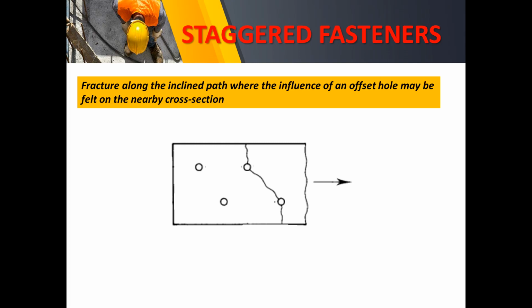There will be a developed fracture connecting the staggered formation. So this will be the root of the fracture. Of course, the first section to fracture is the section nearby your loading.